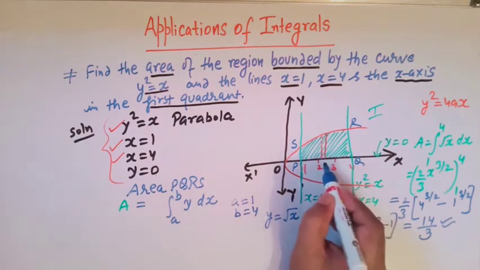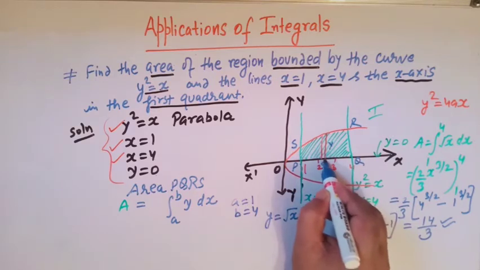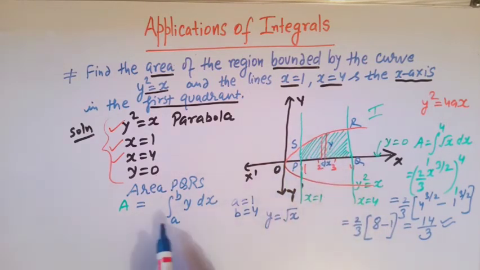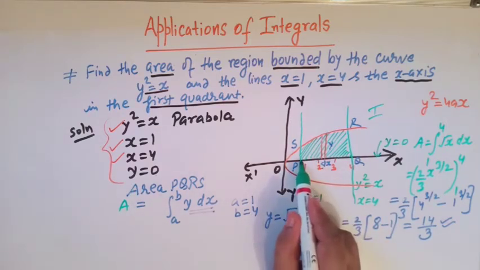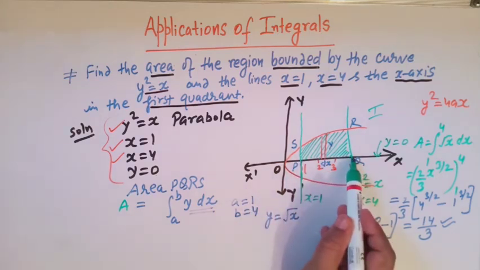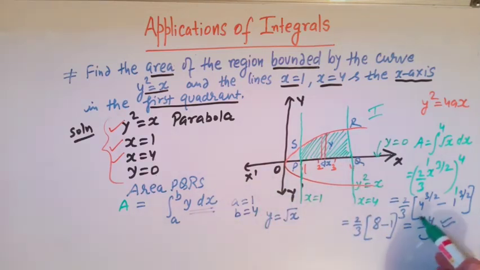Okay, here we can write y also, and this is dx. So the area of this elementary strip is y dx, and when we integrate all such elementary strips from x equal to 1, that is from a is equal to 1 to b is equal to 4, right? So we will have the value of area as 14 by 3.